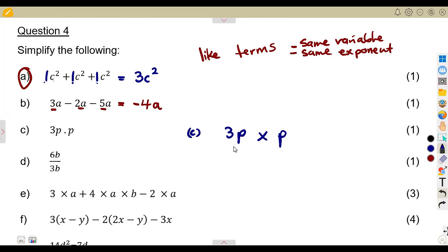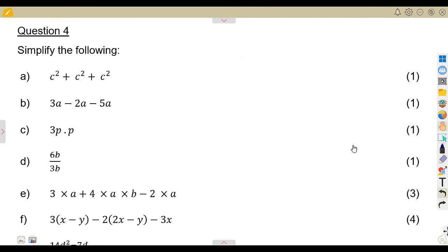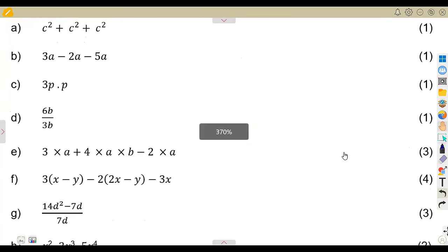You remember your exponents there: when the bases are the same, because there's a p and a p, you're simply going to add the exponents. This is 1, this is 1. So it's going to be 1 plus 1. If the bases are the same, you add the exponents. So 1 plus 1, that's a 2. So that's 3p to the exponent of 2.